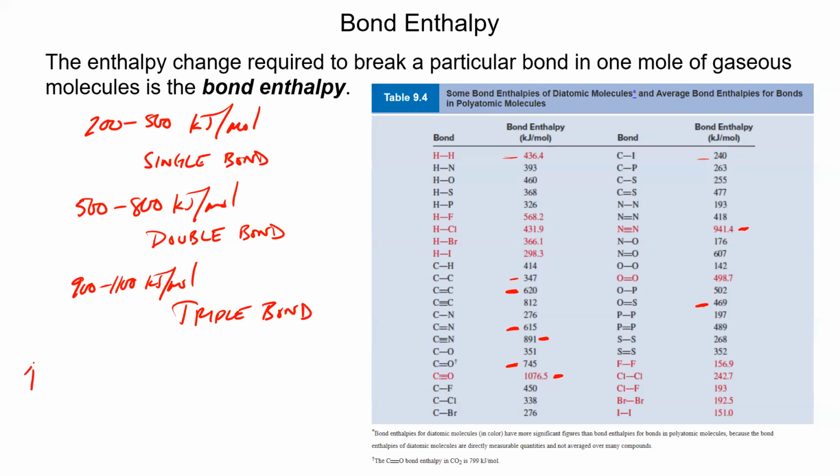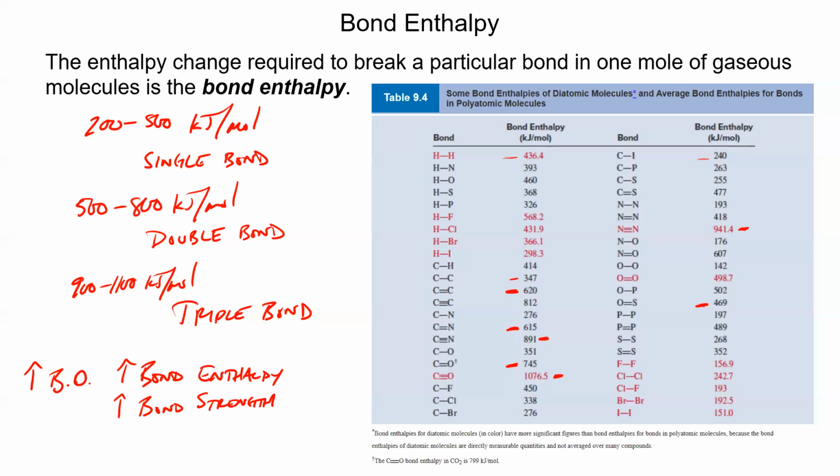And so as we increase the bond order, which we talked about yesterday, we increase the bond enthalpy as well. When we talk about an increase in bond enthalpy, we call that an increase in bond strength. That's another way of talking about this. Bond strength, right? So a triple bond is a stronger bond than a single bond.